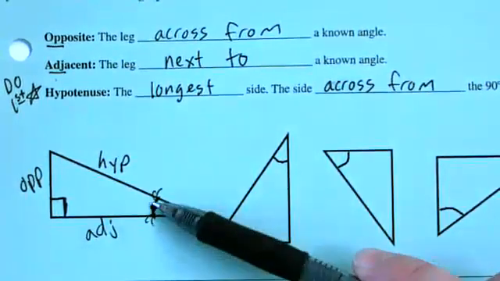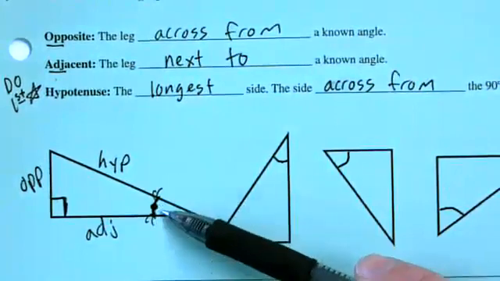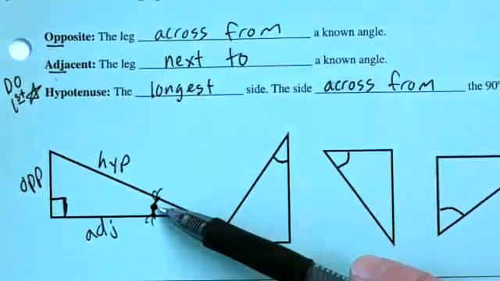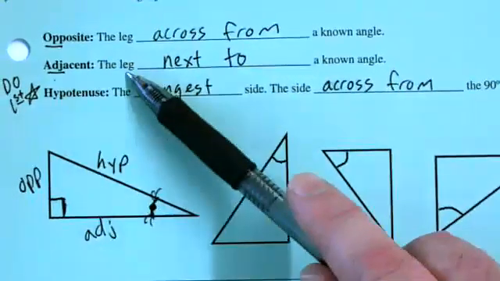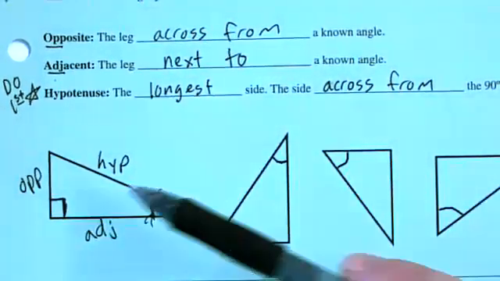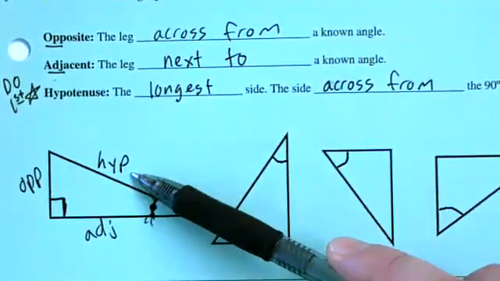So I don't mess it up with the adjacent, because adjacent means next to, right? Isn't the hypotenuse also right next to my eyeball right here too? It is, but the hypotenuse will never be your adjacent side. Adjacent is technically the adjacent leg, the leg that's next to it, and the leg is never a hypotenuse. So always do your hypotenuse first, so you're not tempted to call this the adjacent instead.